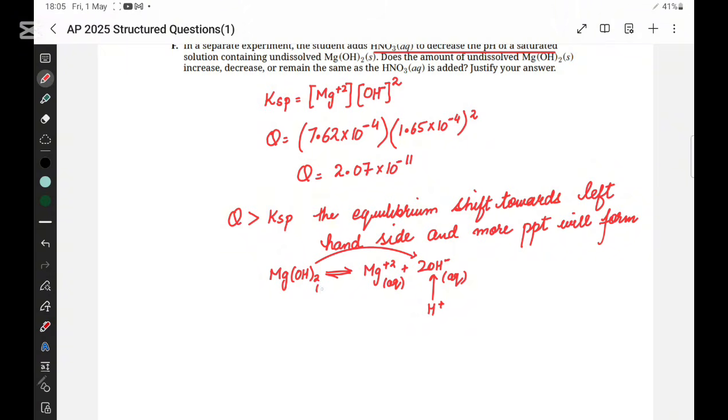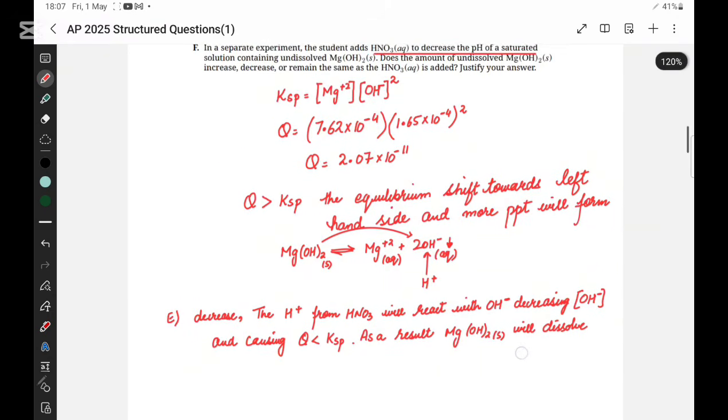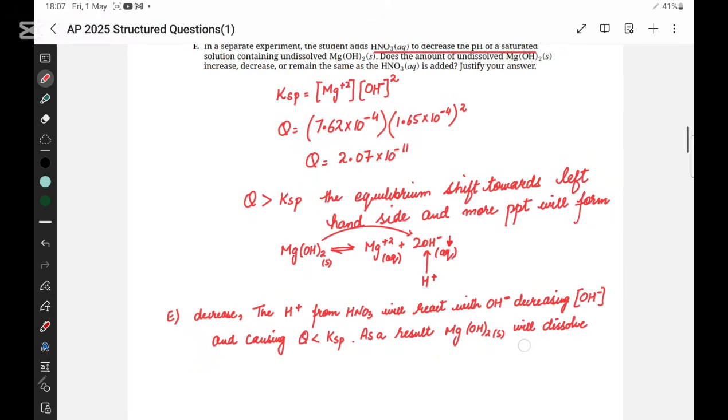Magnesium hydroxide in solid state would dissolve more because hydrogen ion reacts with hydroxide ion, and the quantity of hydroxide will decrease. To balance it, according to Le Chatelier's principle, the equilibrium will shift towards the right hand side to have more hydroxide ion. So the right explanation is that the quantity of magnesium hydroxide will decrease. Why?